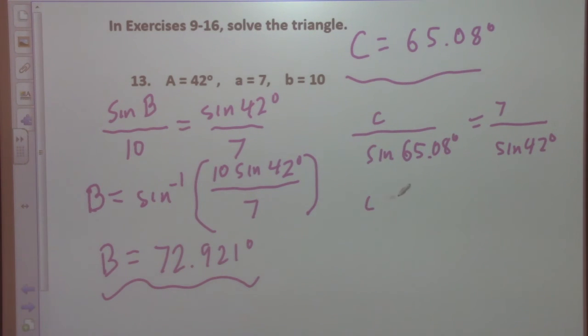So little c is going to be equal to... you don't actually have to do inverse sine, do you? You're not trying to find inverse sine. So you have 7 sine.